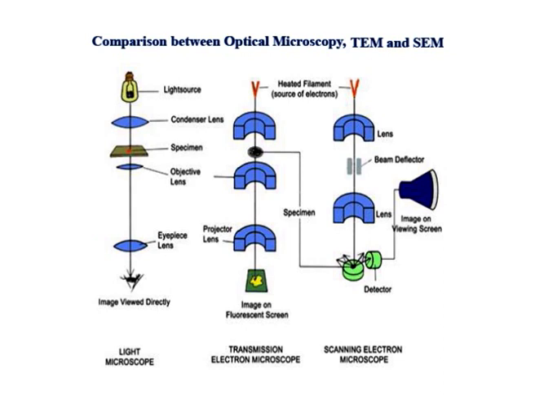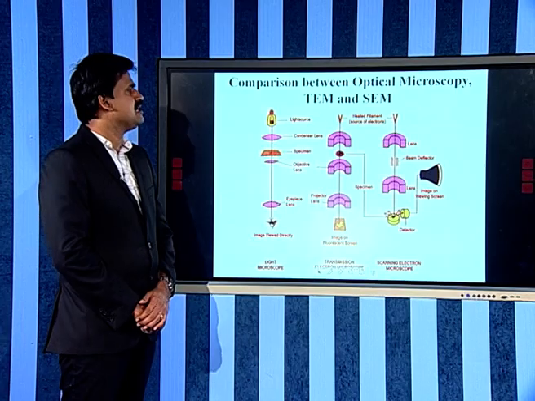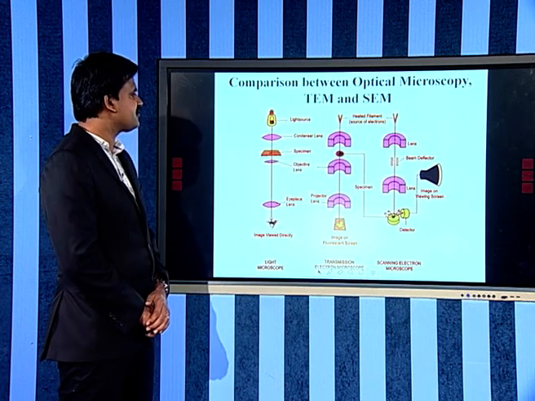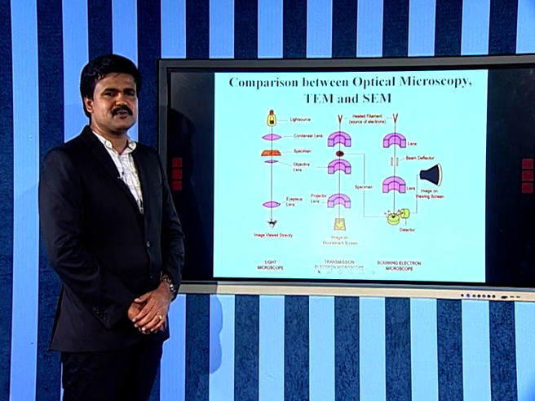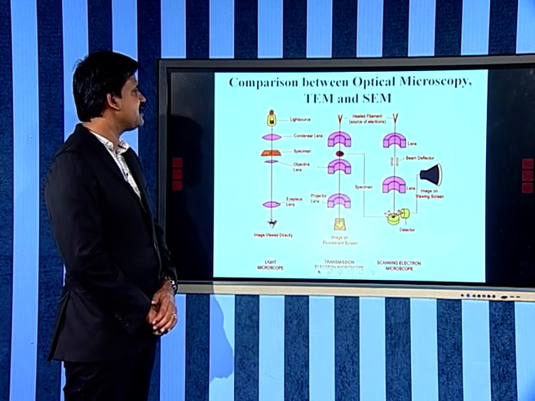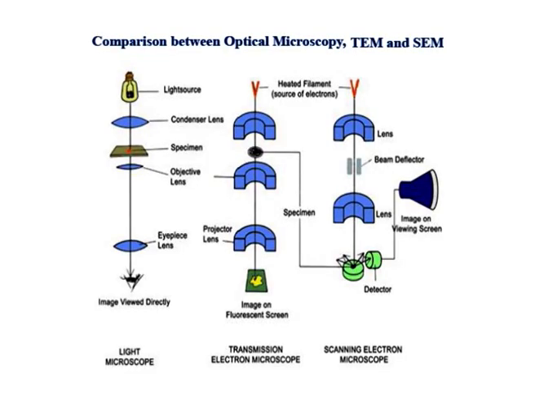Middle one represents transmission electron microscopy instrumentation, and instrumentation on right hand side represents that of SEM. From this picture, it is clear that the position of the sample as well as the position of the detector are different in three different cases. In the case of TEM, the position of the detector is beneath the sample since it deals with transmitted electrons.